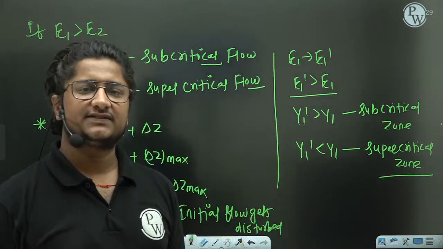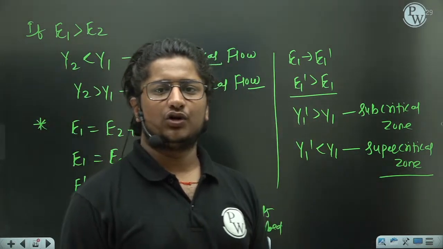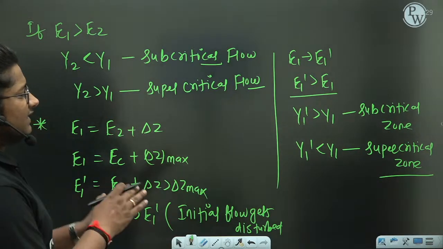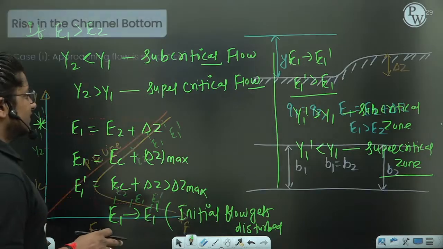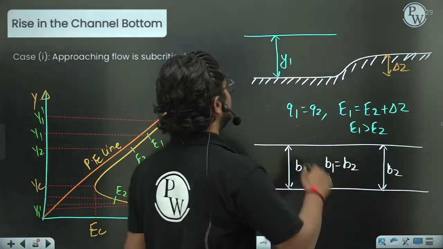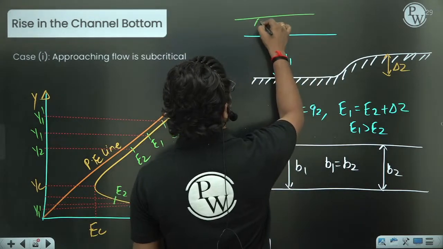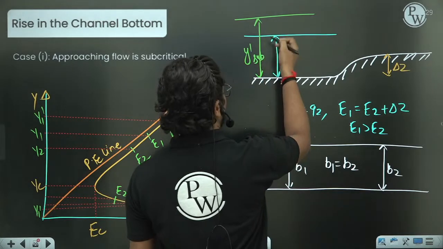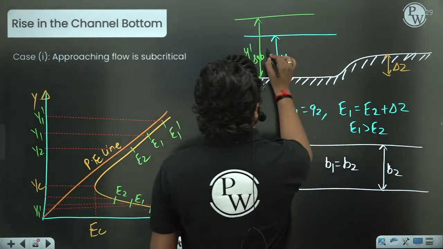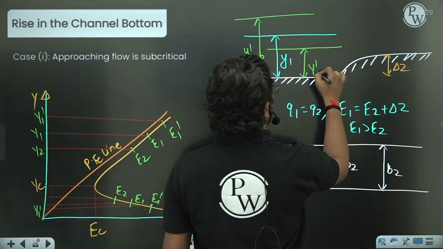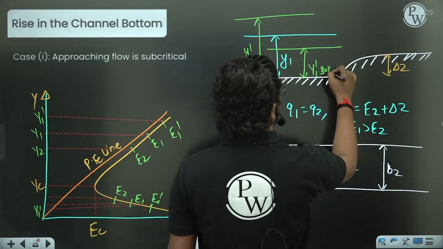Have you understood this? So this you need to understand, my dear, that if you give delta Z more than delta Z maximum, what will happen? Your initial flow will get disturbed, and this will be Y1 dash sub if you are considering subcritical flow. Otherwise, if you are considering supercritical flow, it will be Y1 dash super.